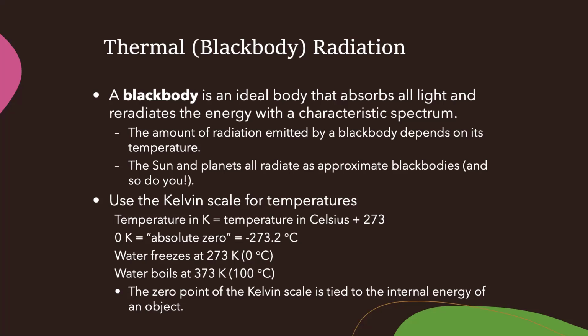And when we talk about absolute zero, the lowest possible temperature that there can be, absolute zero refers to zero on the Kelvin scale. There is no negative Kelvin. Zero is as low as it goes, unlike Fahrenheit and Celsius, which can go below zero. So the Kelvin scale is based on absolute zero.